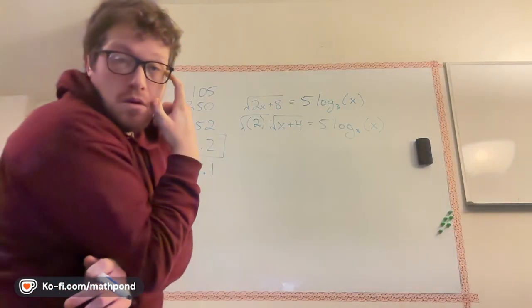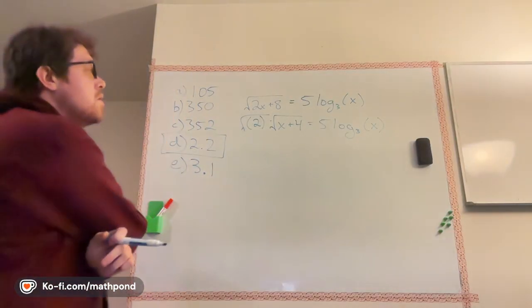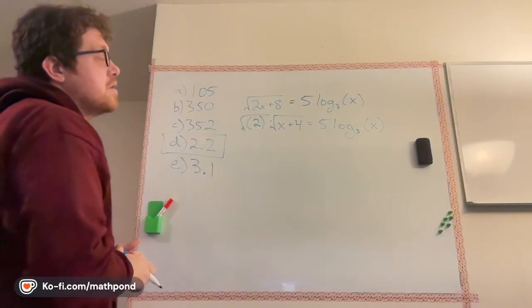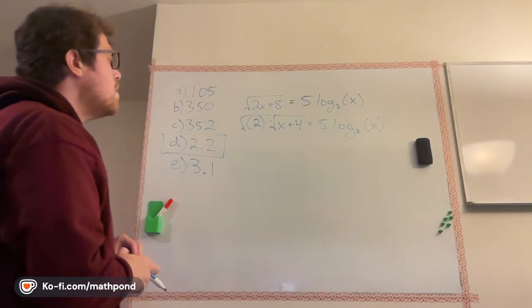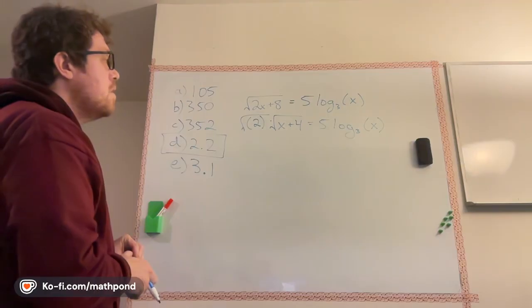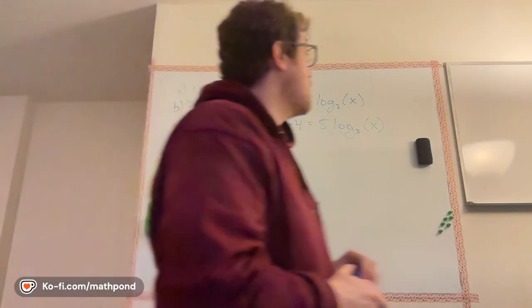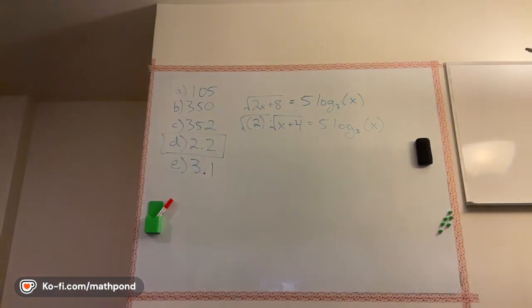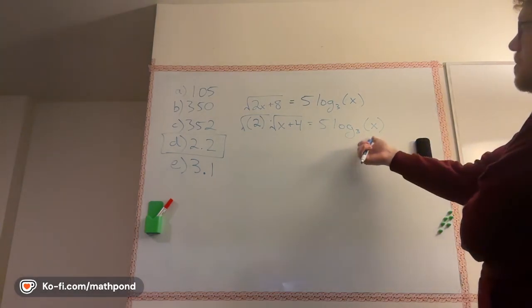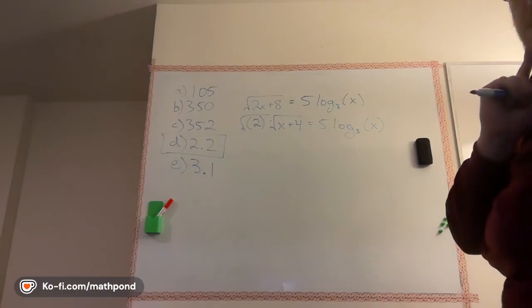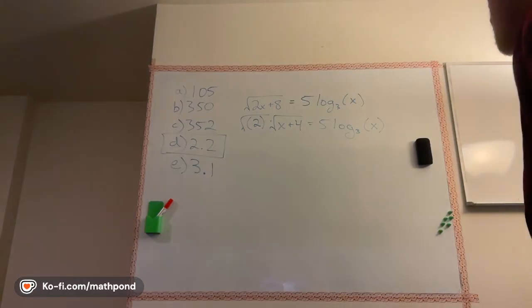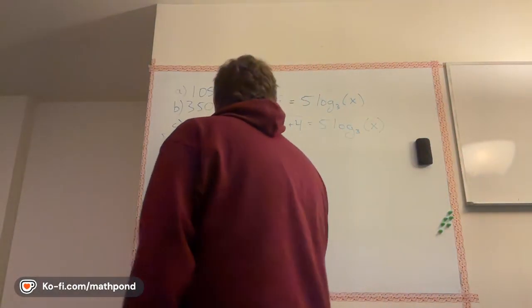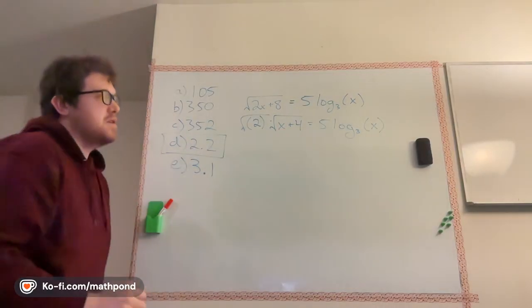Let's see. Maybe try to square it. I mean, we want the x alone somehow, so at some point we're probably going to need to do 3 to the power of something, right? Or 3 to the power of both sides, right? But it kind of gives us an awkward thing over here, right?